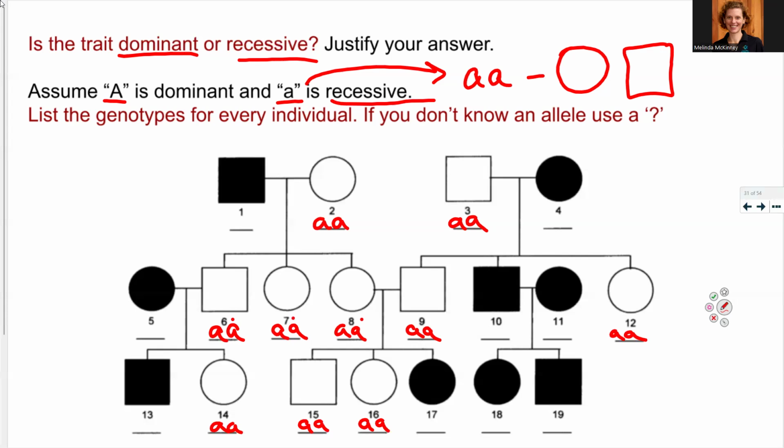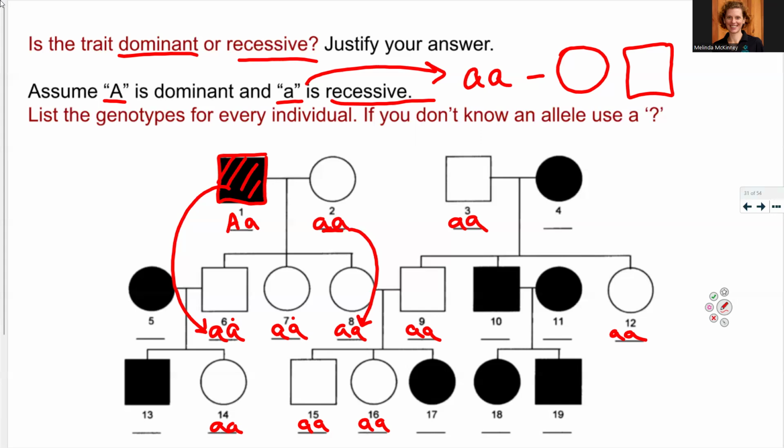That means they had to receive one of the lowercase a's from the mom, and then the other one would have come from the dad, okay, for each one. So that means the dad had to have at least one lowercase a or recessive allele. The phenotype is the dominant since it's shaded. So that means the other one is dominant. So the dad is heterozygous. So you figured that one out.